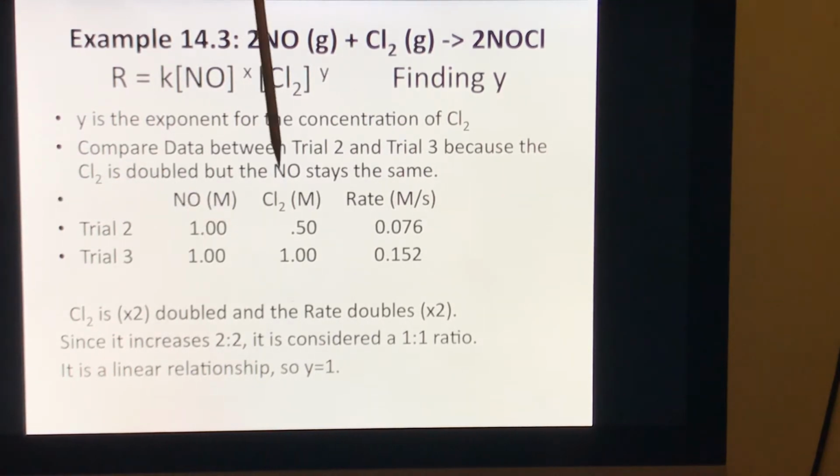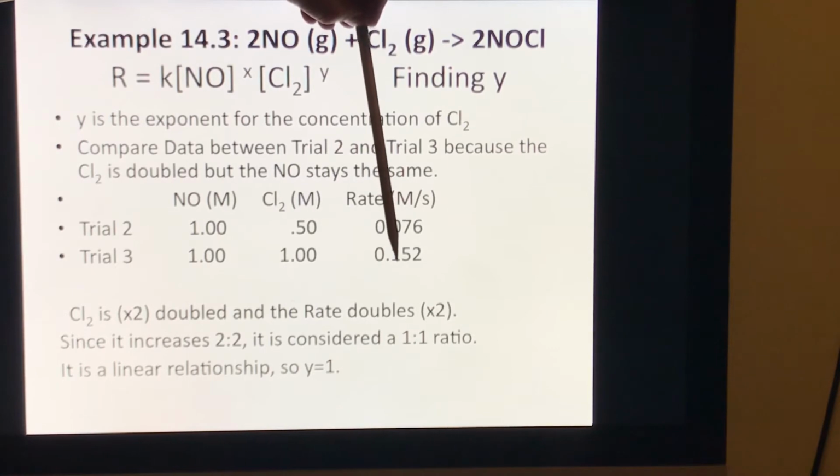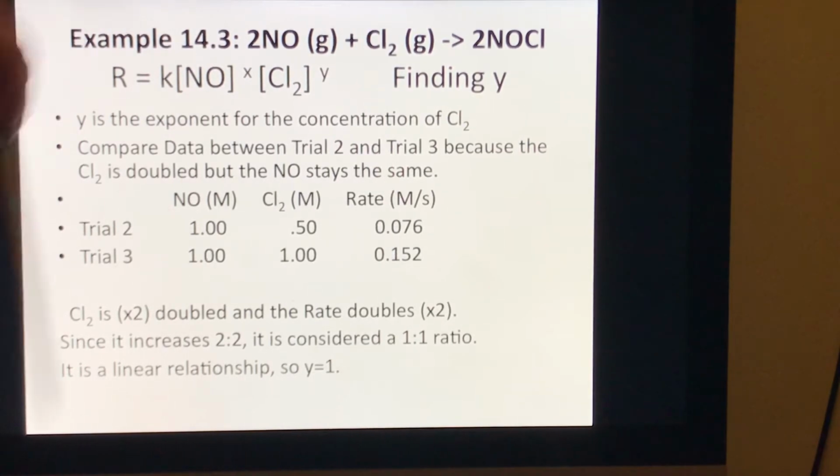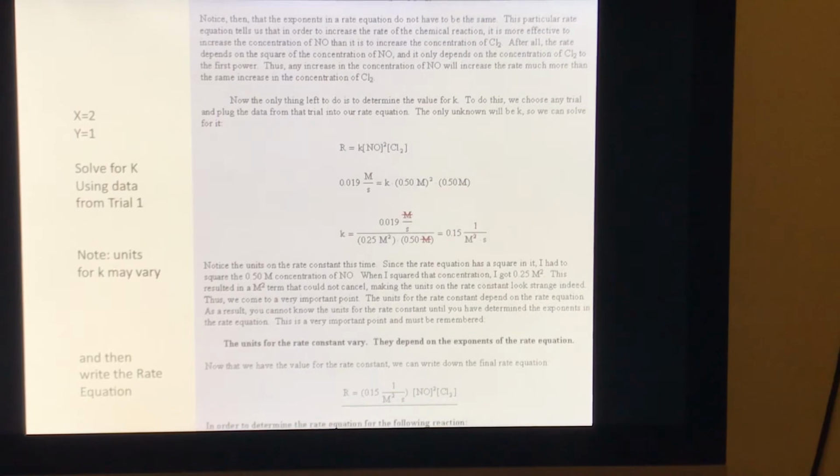So we're looking at this column, which is doubled, and comparing it to the rate, which is also doubled. Since they're both doubled, it's considered a 1-to-1 ratio, and so Y here is equal to 1. When you have a 1 there, they don't actually write the number 1 in, it's just understood that it's a 1. So, now we know X is equal to 2, Y is equal to 1.